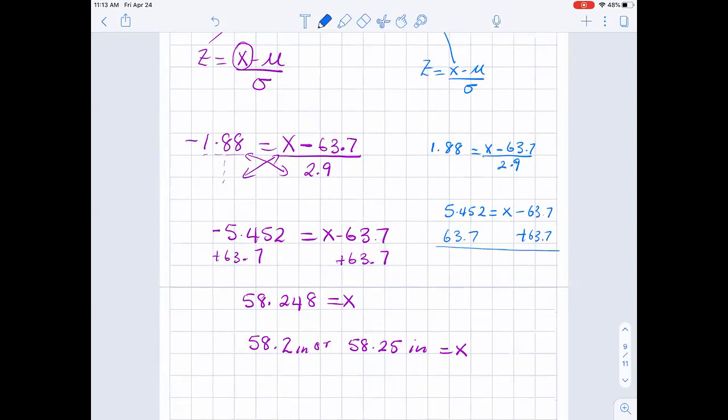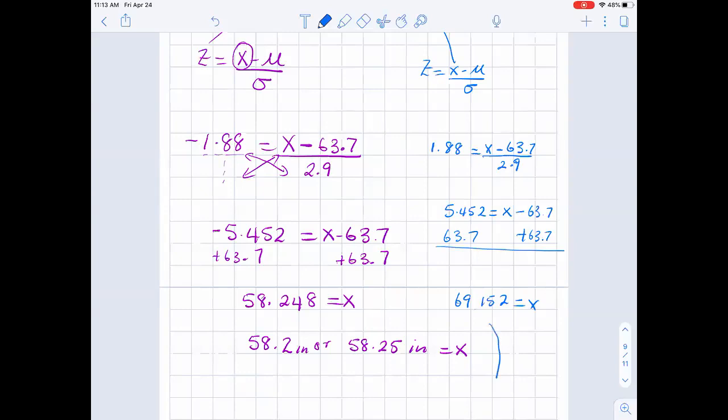So what is 5.452 plus 63.7? This becomes 69.152 is equal to x.